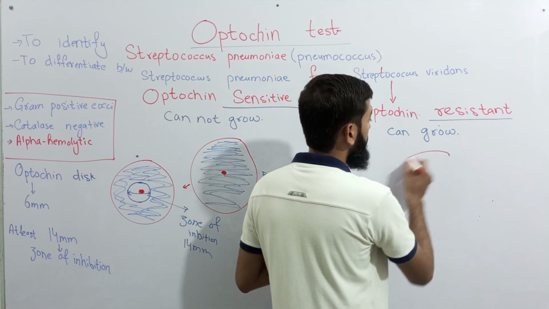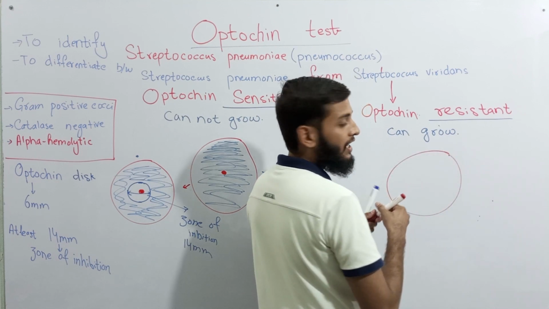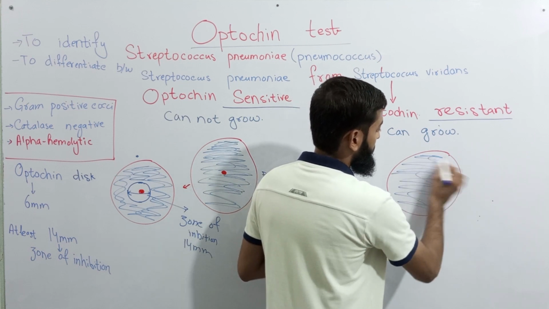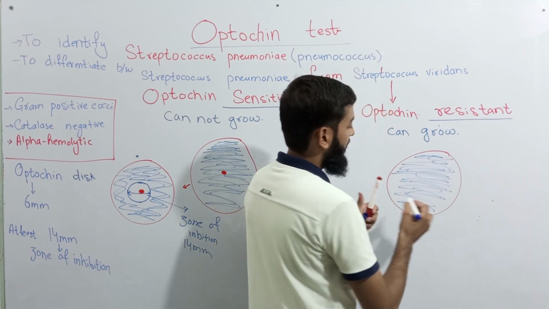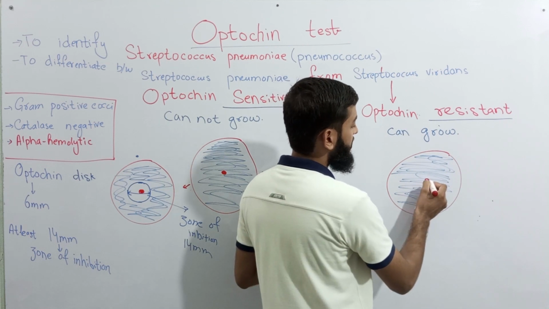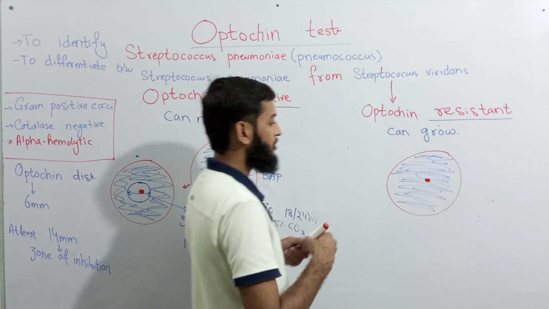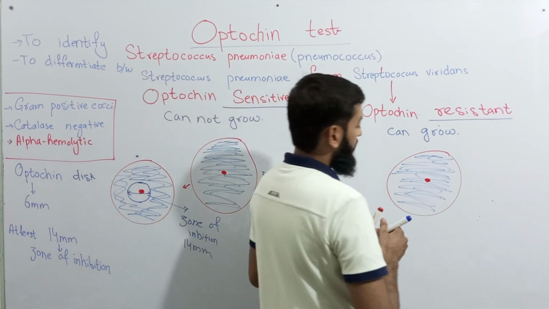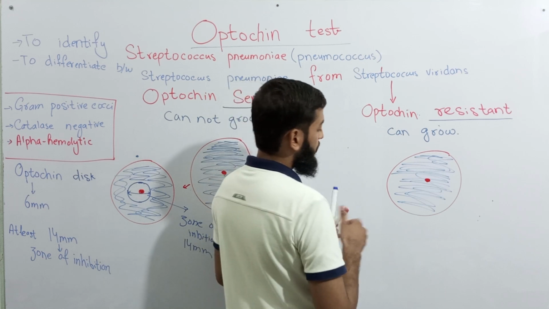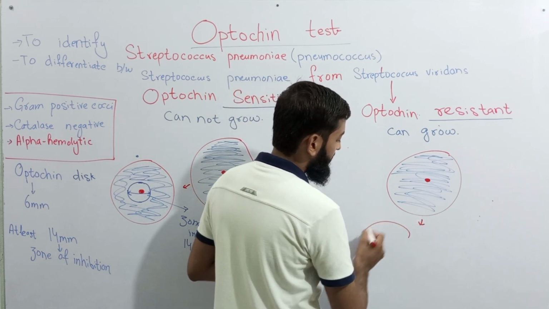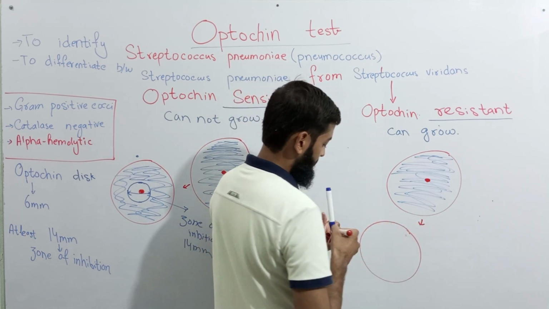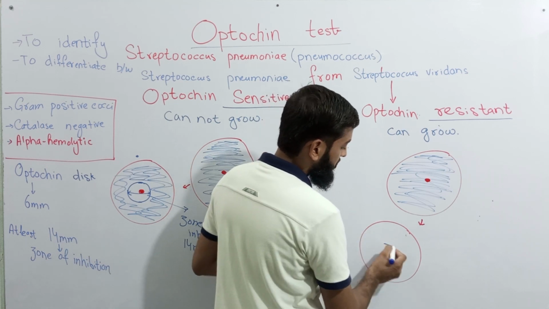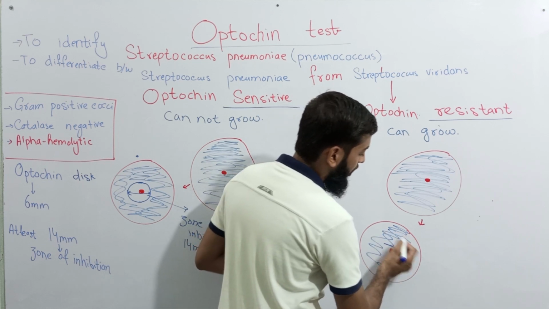Whereas if we take a blood agar plate and make a lawn of Streptococcus viridans, and in the center we place this Optochin disc, after incubation of 18 to 24 hours at 37 degrees centigrade and in 5% CO2, we see that around this Optochin disc there will be growth of bacteria all around it.